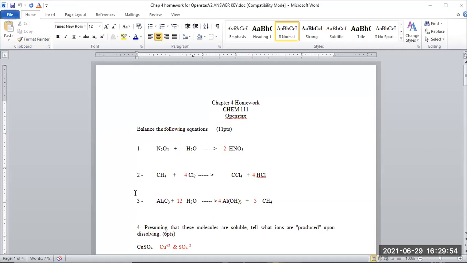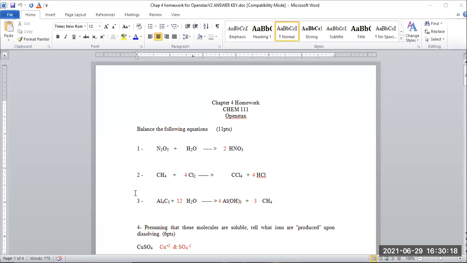All right. So this is the answer key for homework 4. I think I did actually post that correctly. I did that about half an hour ago. So let's talk about the balancing equations first. When you look at the first one there, note that your nitrogens do not match.